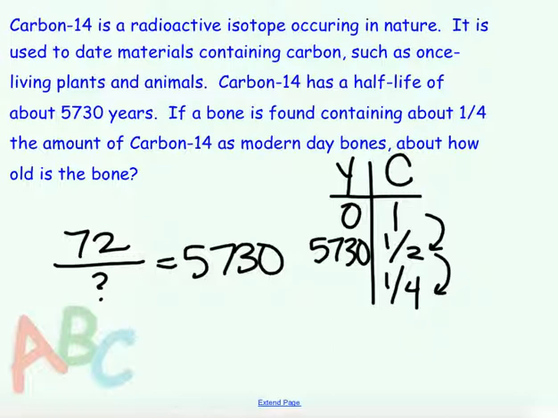So if I say 5,730 times 2, I will get how many years it is until I have just that quarter amount of carbon. So if I have this bone that only has a quarter amount of carbon, then we can estimate it could be like 11,000 years old, potentially. That's how they kind of figure out some carbon dating, using these decay rates.